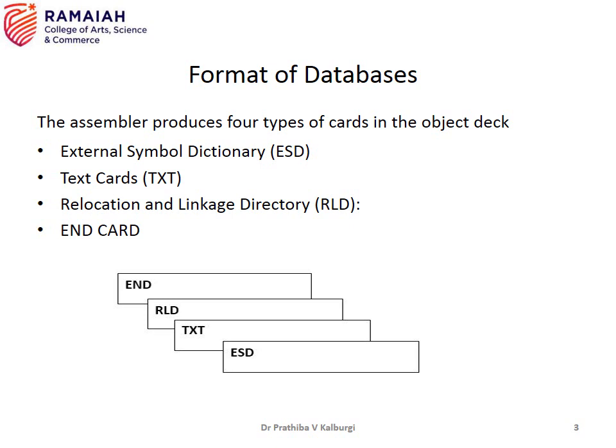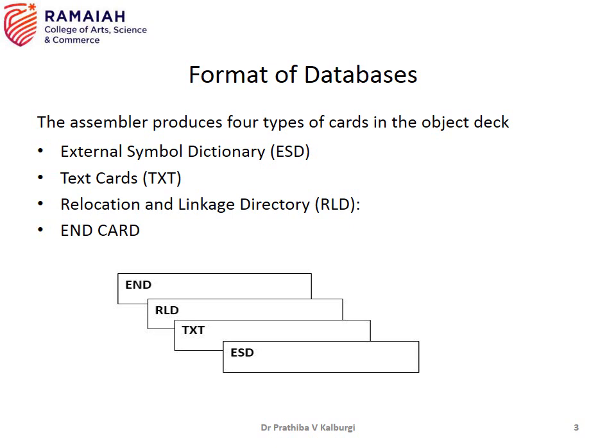This ESD card provides the information about all the symbols that are defined in this program but may be referenced elsewhere, or defined elsewhere. The next is the TXT card, which records the control of the object code which is being translated from the source program.